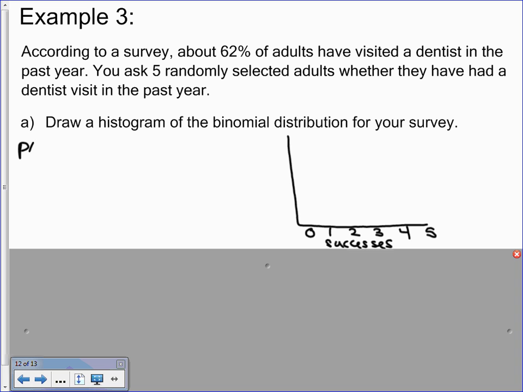Okay. So I'm going to set up the 0. The probability of 0 successes, or 0 adults out of 5 visiting the dentist in the past year, is equal to a combination of, how many total people am I surveying? 5. Chosen 0 at a time, so I'm looking for 0 successes. What is my probability of success, that they visited the dentist?